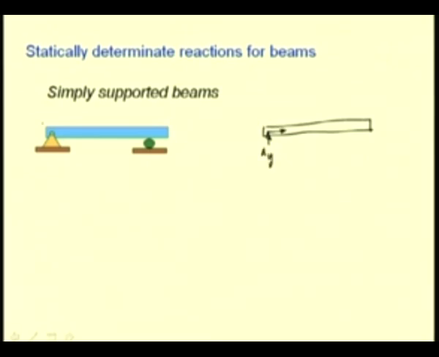Say if this point is A and this, let us call it B, we have AY and AX, and at B we have a single component of reaction BY. We know that for the equilibrium of this member, the sum of the forces and the moments have to be 0, and in plane this results in 3 equations from which we can determine the 3 unknowns, say AX, AY and BY. So, this combination of support is a statically determinate support reaction.